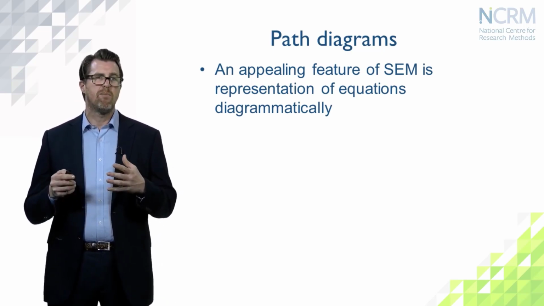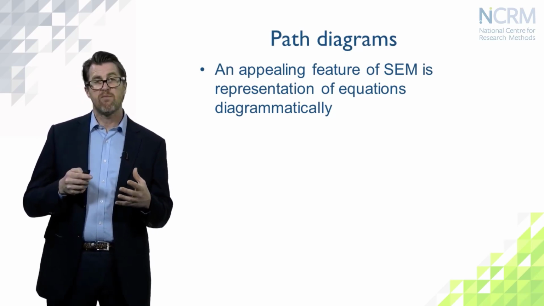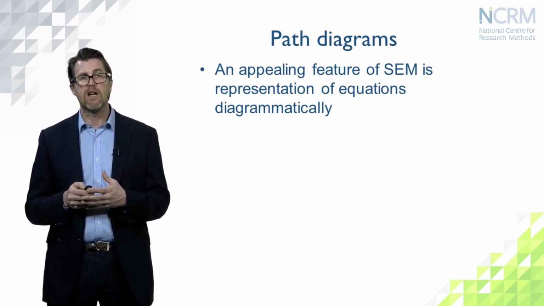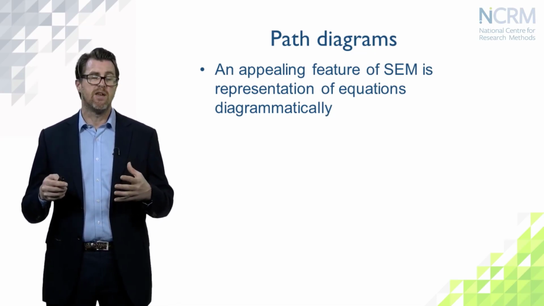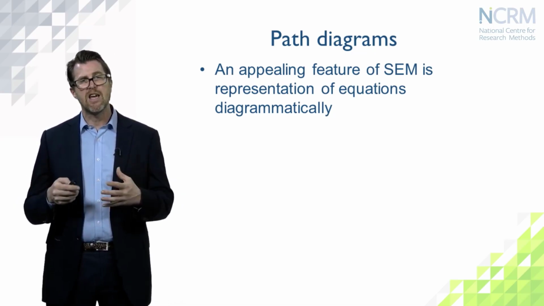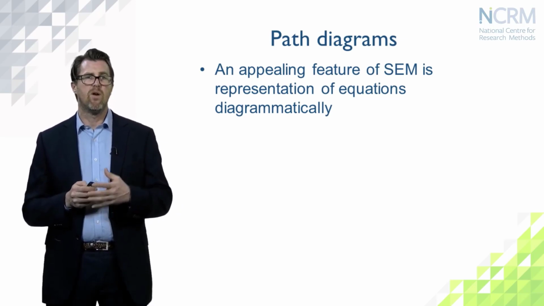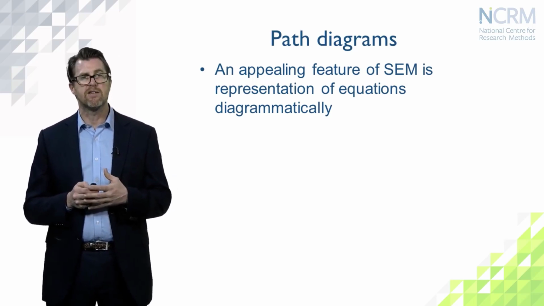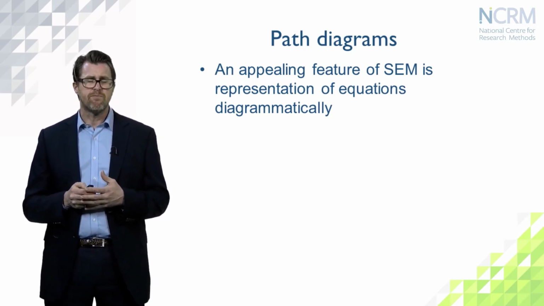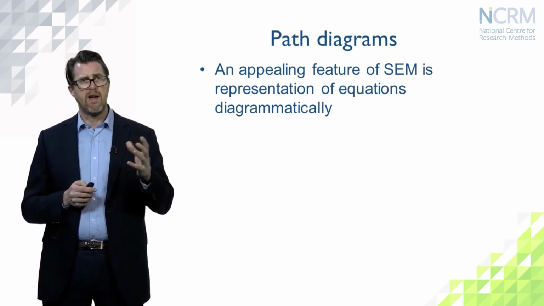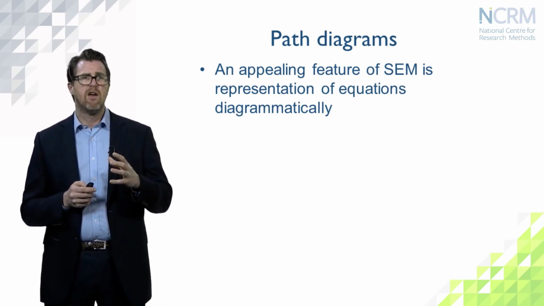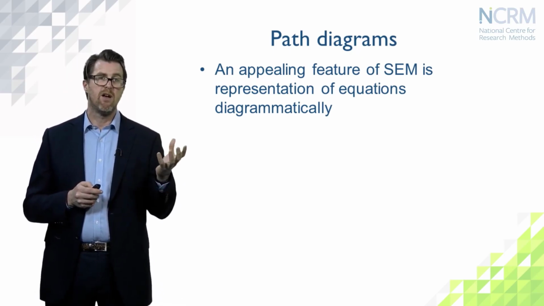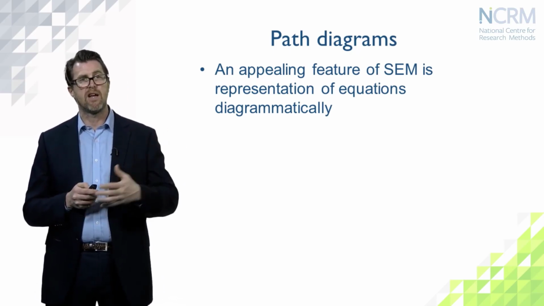And so path diagrams are another way of presenting the same information as we can get in an equation, but they do this visually, and that's often a clearer way of seeing what is being presented in an equation compared to Greek letters and symbols and so on. So if we write our path diagrams correctly, then we can read directly between an equation and a path diagram. They tell us exactly the same thing.